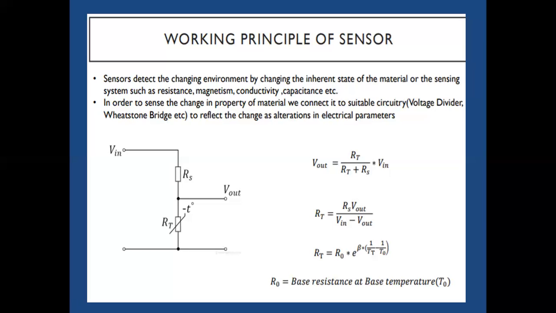That minimum resistance we call the base resistance, and the base temperature is the minimum temperature that can be measured by the sensor. Beta is the sensor constant. Every manufacturing unit provides a sensor constant corresponding to the sensor.